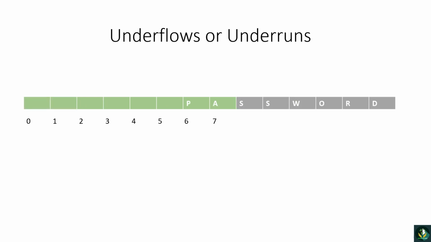But in some software designs there are reasons to do this, and we see underflows and underruns. If you aren't careful about how many elements you are writing, then you can easily write past the beginning of the buffer, causing an underflow or underrun condition.